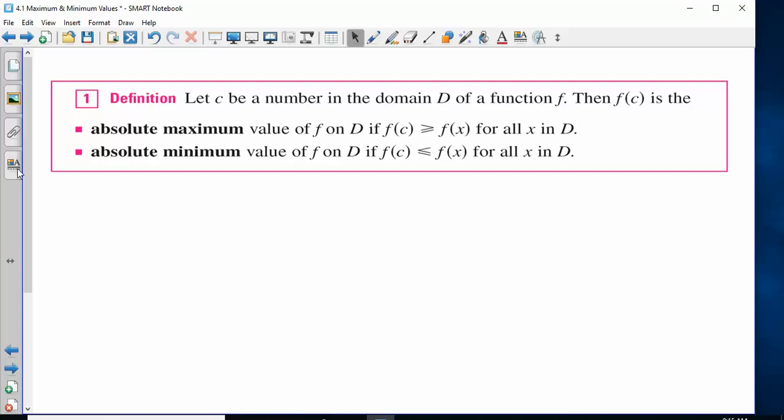We're talking about absolute maxes and mins here. An absolute max just means it is the highest point on the entire graph. Absolute min is the lowest point on the entire graph.